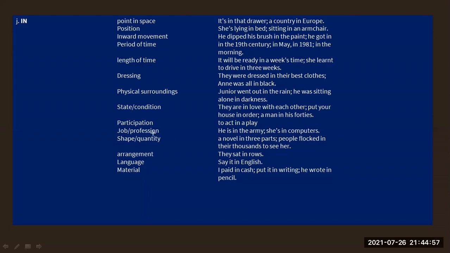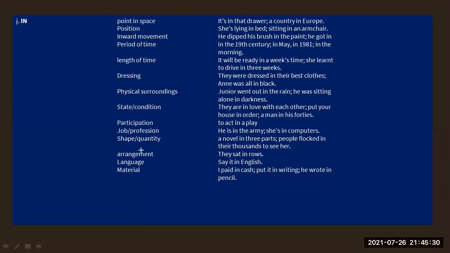Then to talk about profession or job, that's exactly the example we have used, which is also a bit close to participation. But a more specific example is to act in a play. To act in a play, that is to participate in the play.